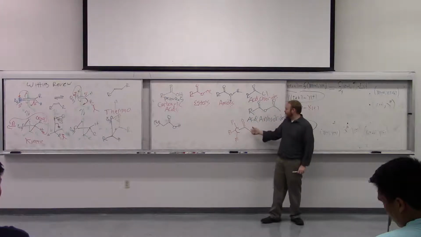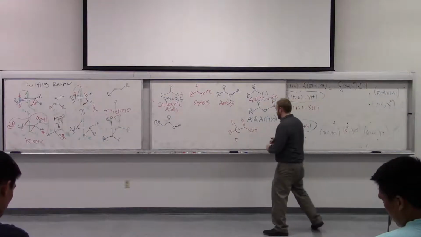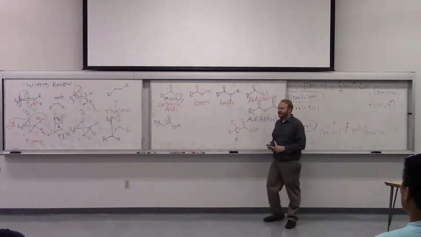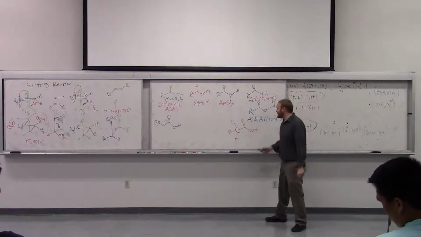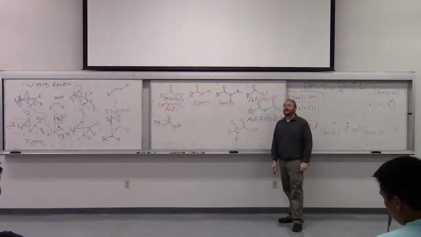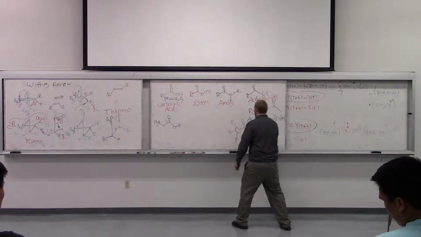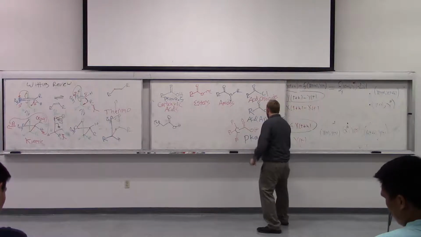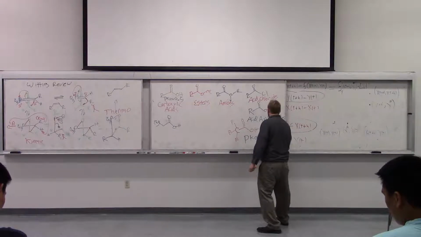Does anyone want to guess what the pKa of trifluoroacetic acid is? Sub-zero. That's a good guess, but it's like 0 to -1. This is so acidic, it fumes. So this is trifluoroacetic acid, and it has a pKa that is less than 0.